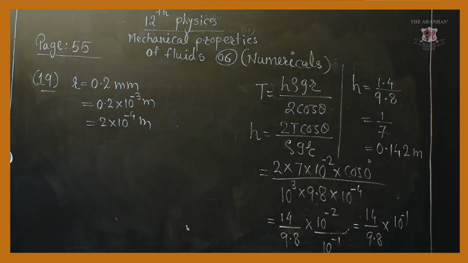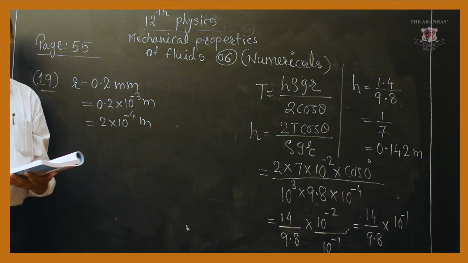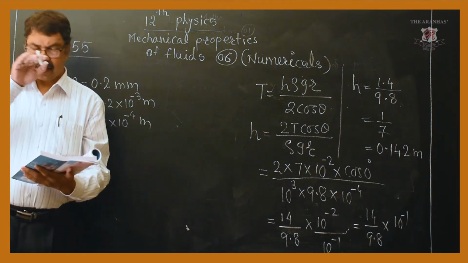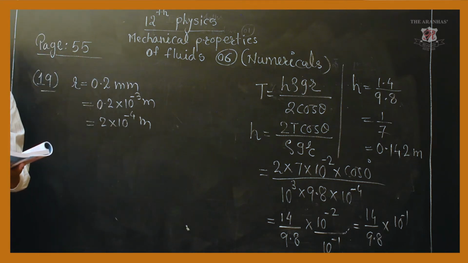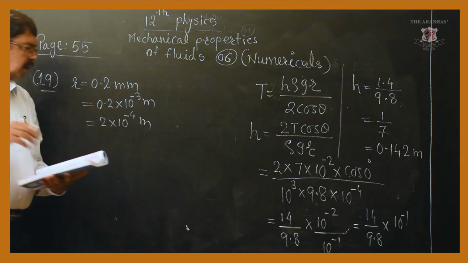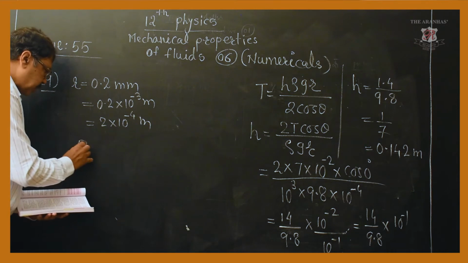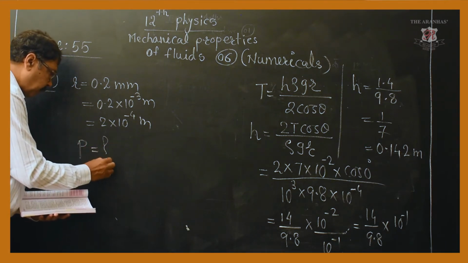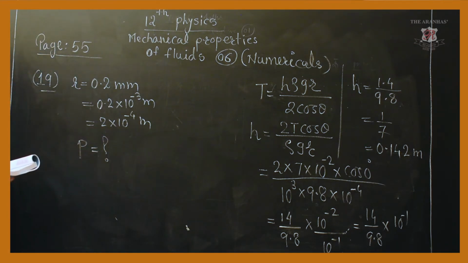So the radius of the bubble is given. It is situated just below the water surface, means it is just below the free surface of water. Calculate the gauge pressure, means that you are supposed to find the pressure difference.